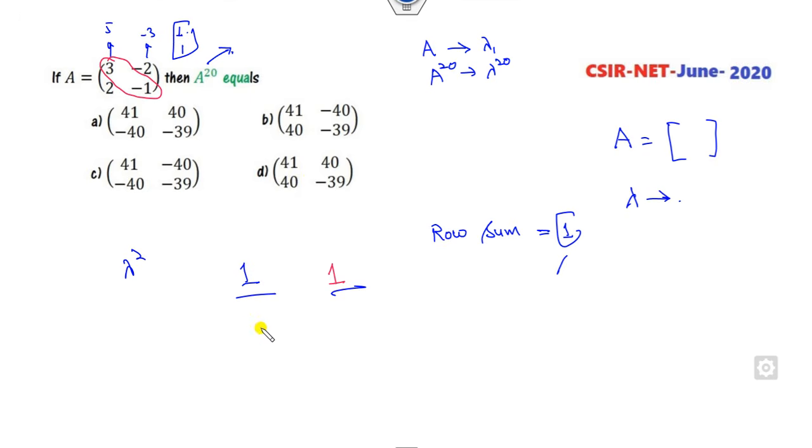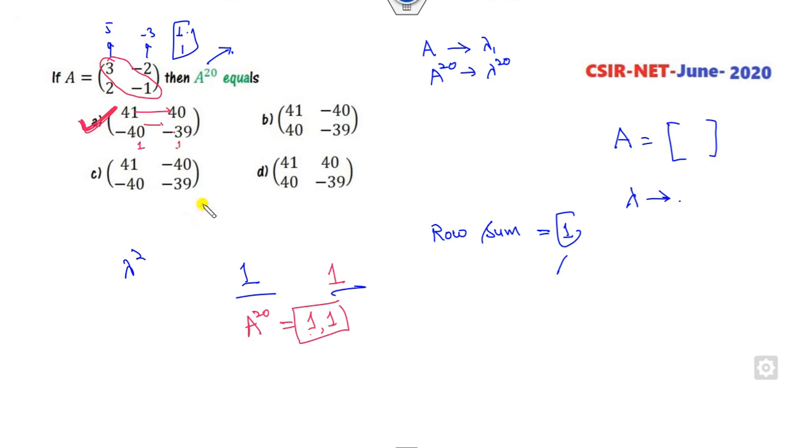So the eigenvalues of A to the power 20 will also be 1 comma 1. We can check the row sum first: the row sums are 1 and 1, so one eigenvalue will be 1, and this is a right answer.